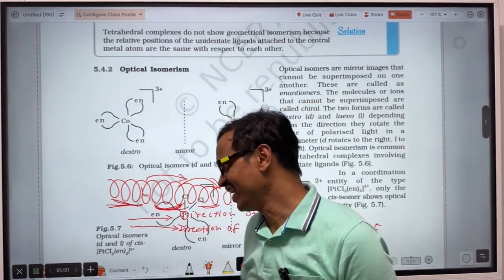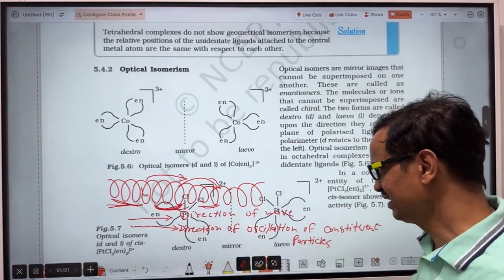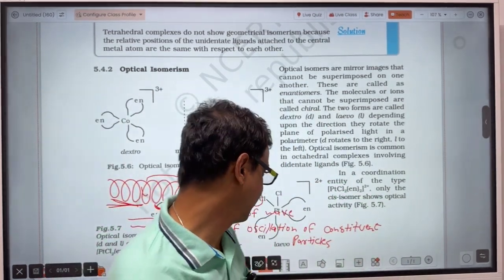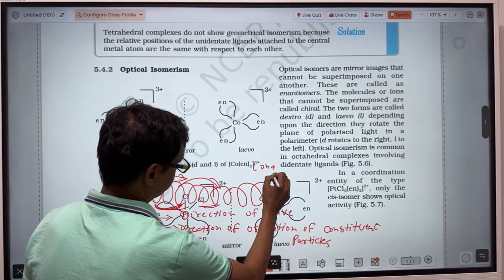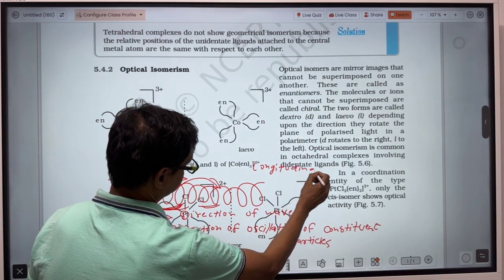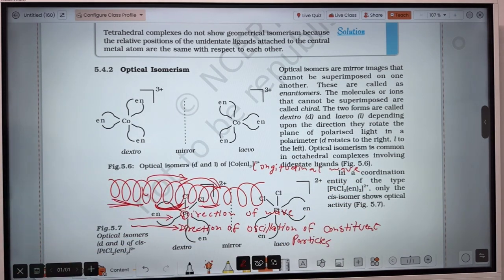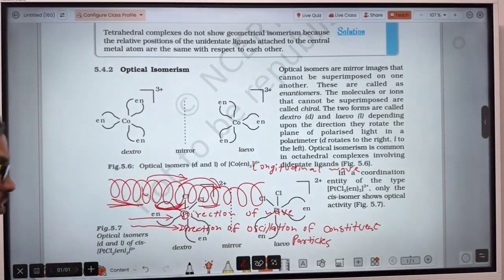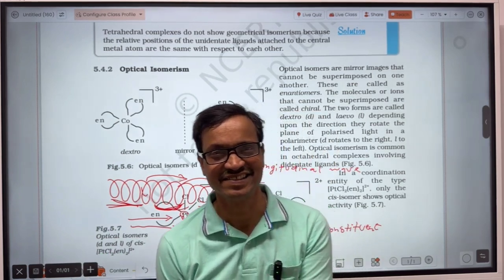That means the waves in which the constituent particles oscillate in the direction of propagation of the wave, that type of wave will be called a longitudinal wave. Its best example is here in the spring, where the same thing happened.